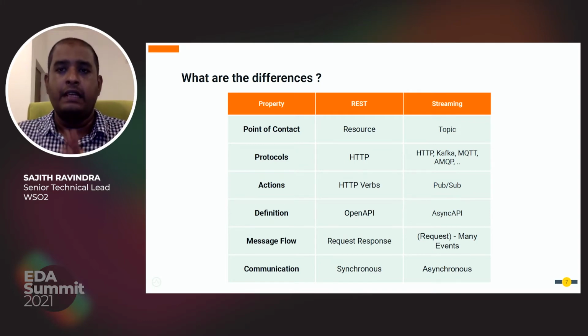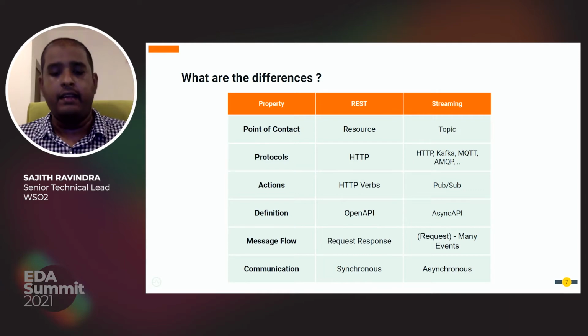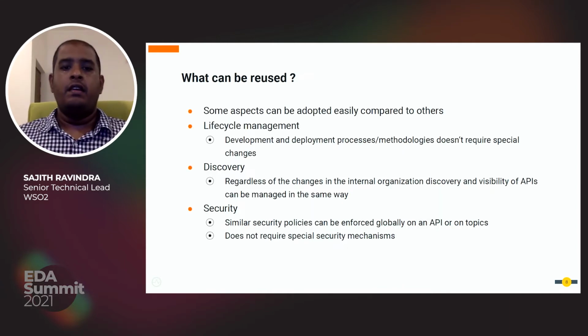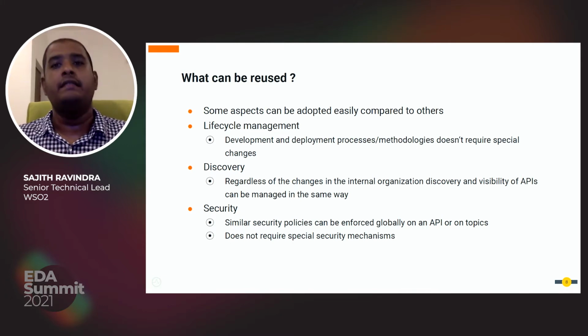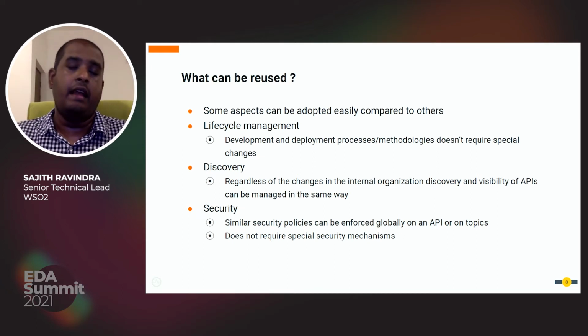Therefore, now we can get to the idea that we can't apply REST API management as is, right? However, regardless of the fact that there are changes, some aspects of REST API management can still be used, or we can adopt them fairly easily compared to others into the streaming world.